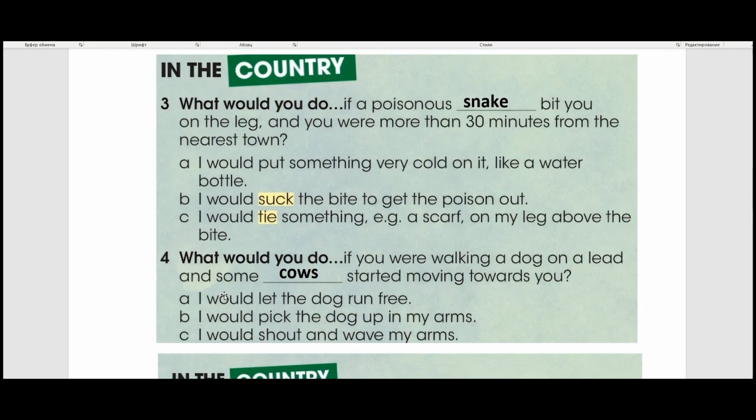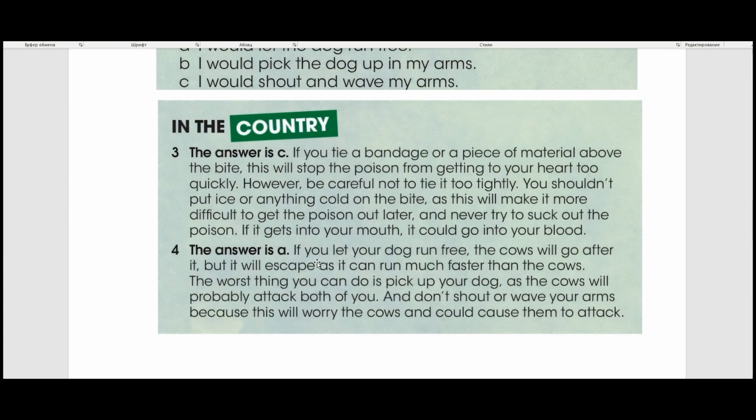То есть лучше спустить собаку с поводка. Если вы спустите свою собаку с поводка, коровы начнут преследовать ее. Но собака убежит, так как она бегает гораздо быстрее, чем коровы.